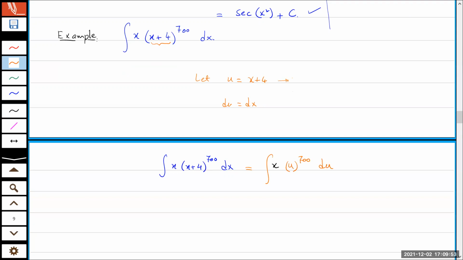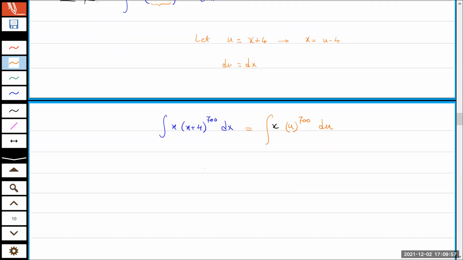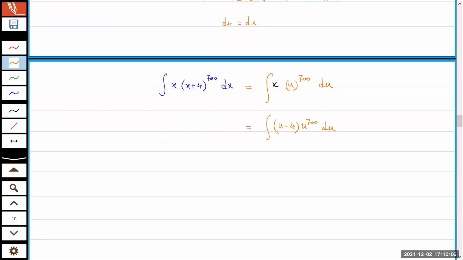We went back to our substitution, x equals u minus 4. This became u minus 4 times u to the 700 du. Okay. This is u to the 701 minus 4 u to the 700 du.